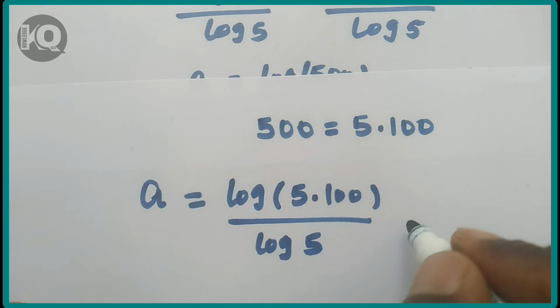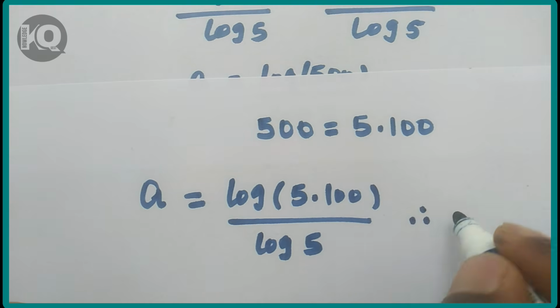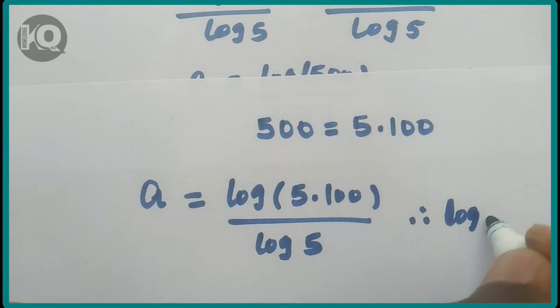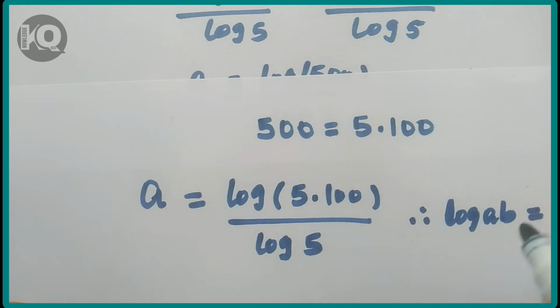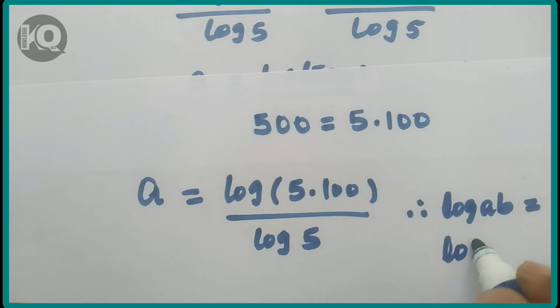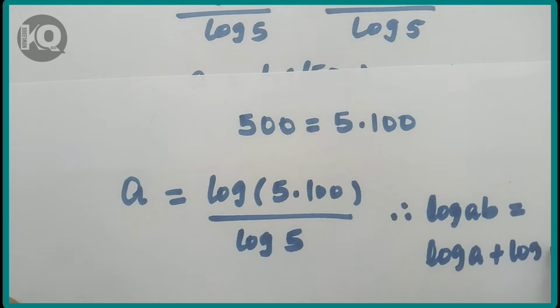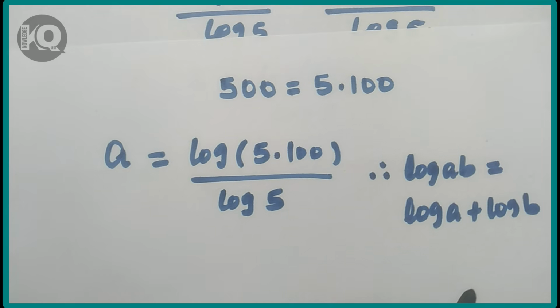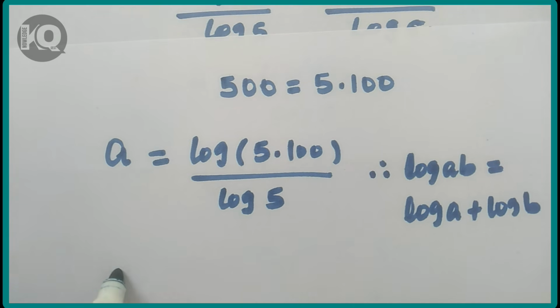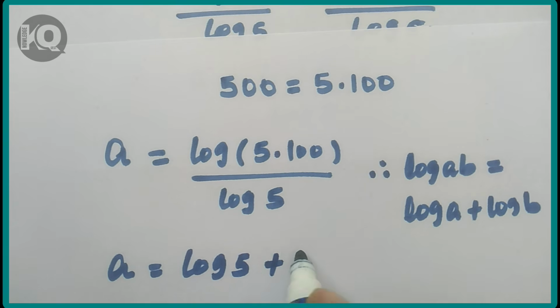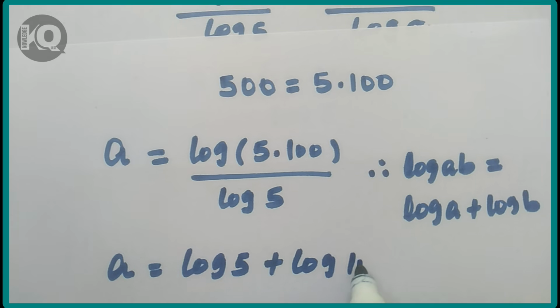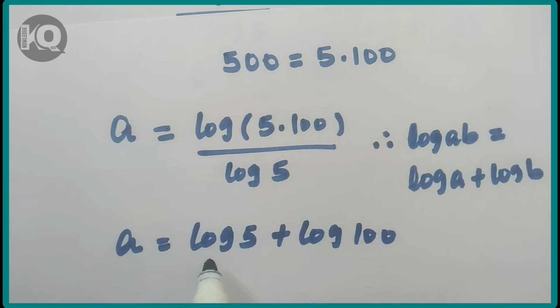So we know that log of a times b is equal to log of a plus log of b. So applying this rule, a is equal to log of 5 plus log of 100 divided by log of 5.